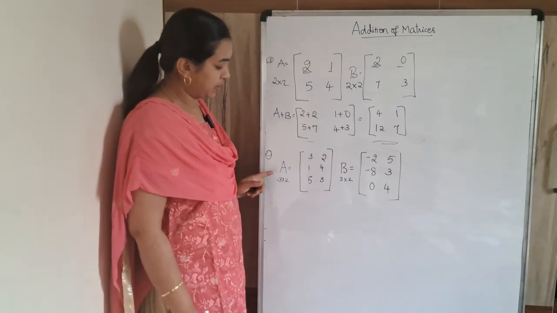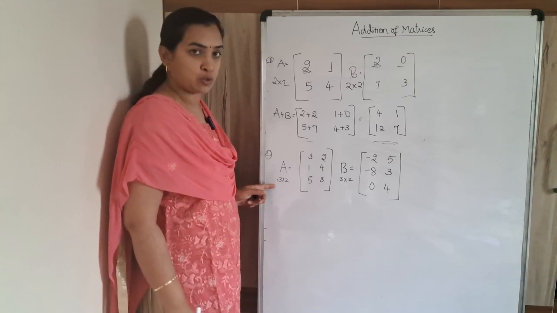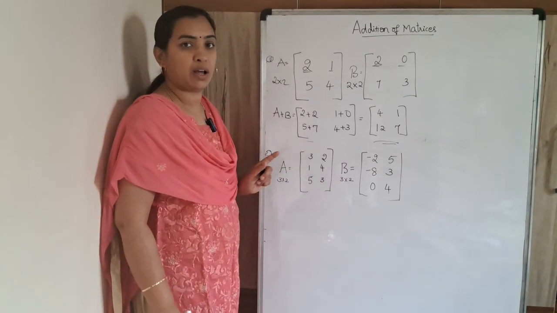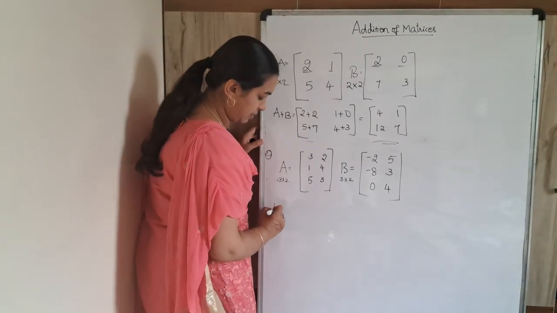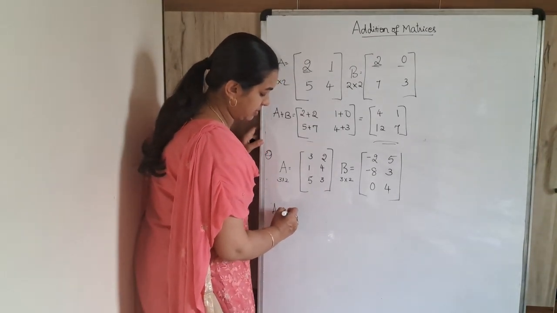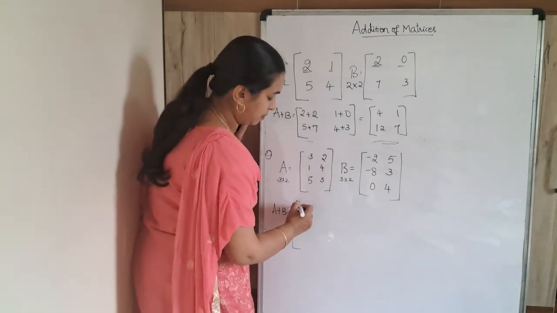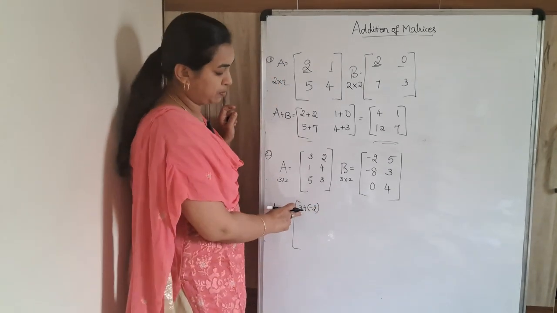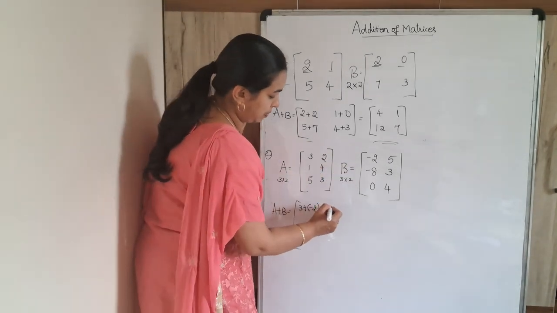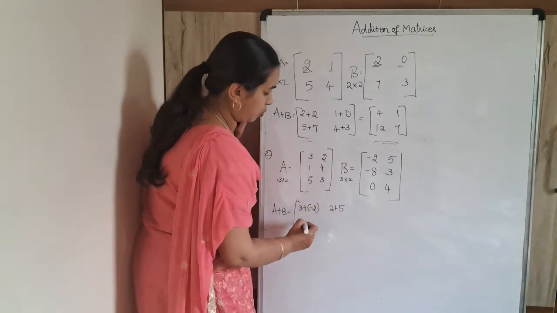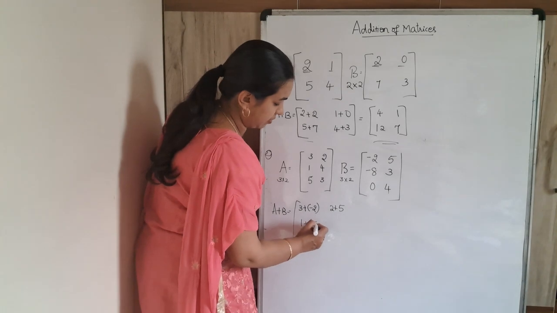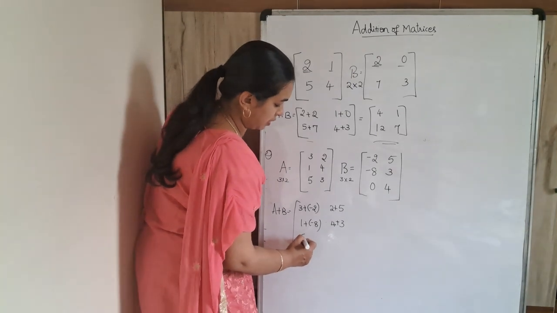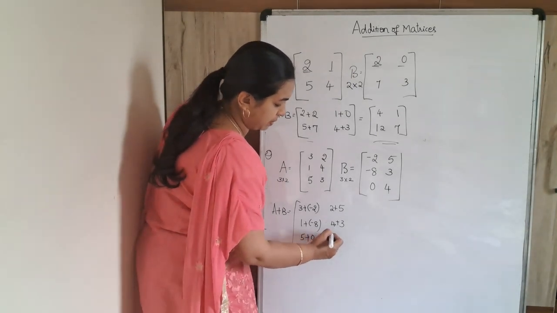Now in the second example, I have taken a matrix which is of the order 3 cross 2 and the second matrix is also of the order 3 cross 2. Since both matrices are of the same order, I will add them. Similarly, just add the corresponding terms. 3 plus of minus 2, so you should be a bit careful here. 2 plus 5, 1 plus of minus 8, 4 plus 3, 5 plus 0, and 3 plus 4.